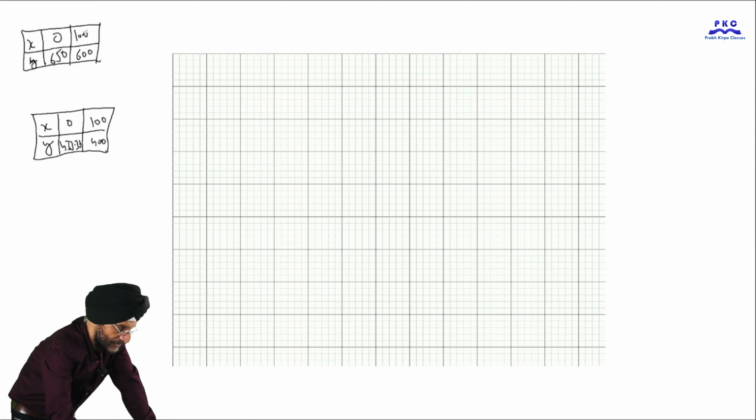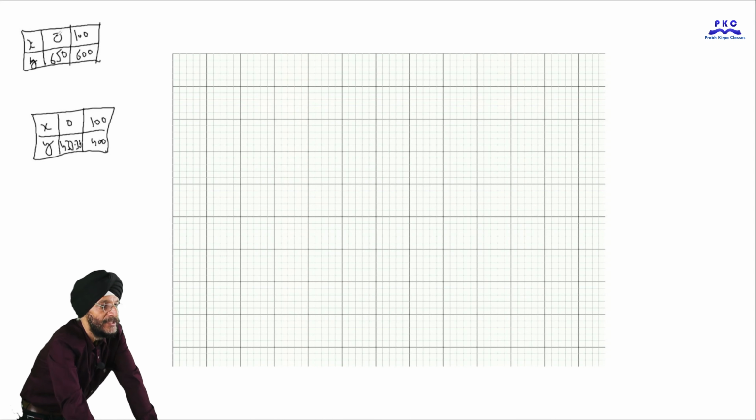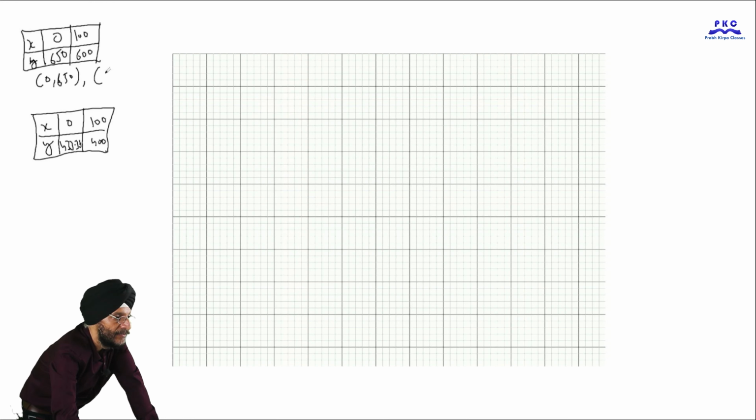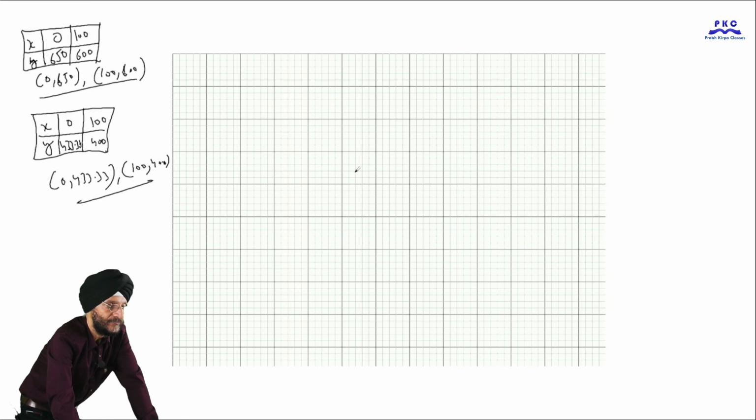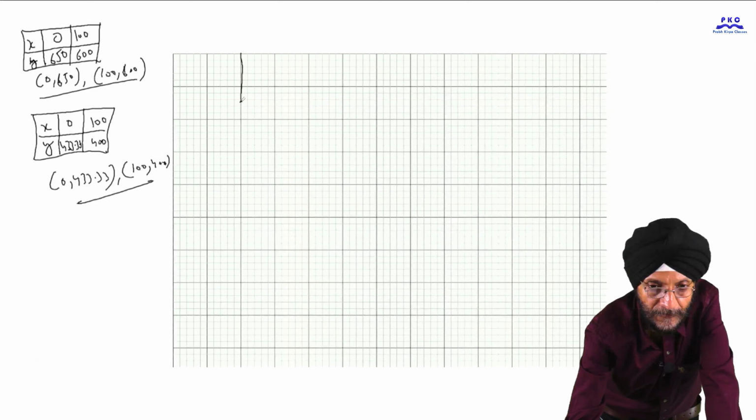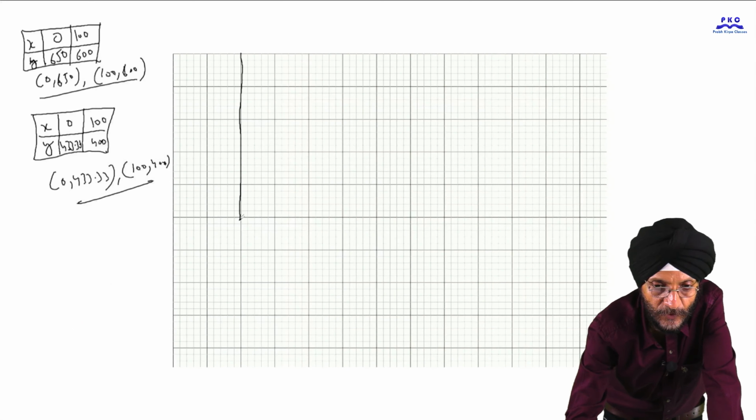On the basis of these two solutions, that is (0, 650) and (100, 600), and in this case (0, 433.33) and (100, 400), we will now form the graph. So now what is the geometrical representation we will form here?